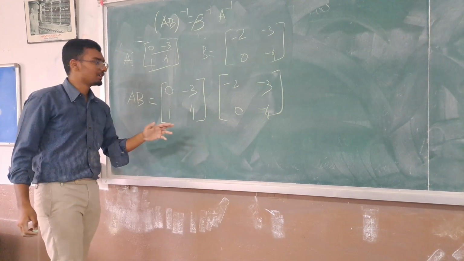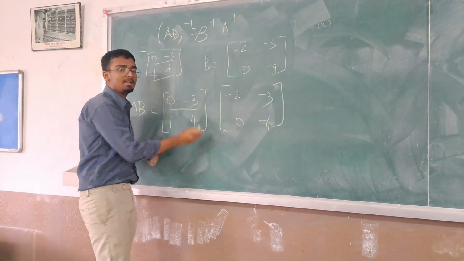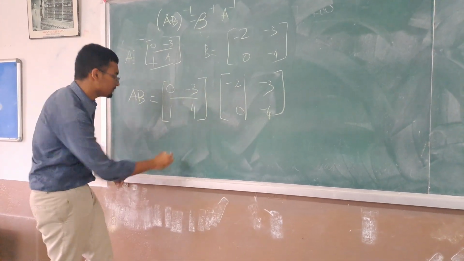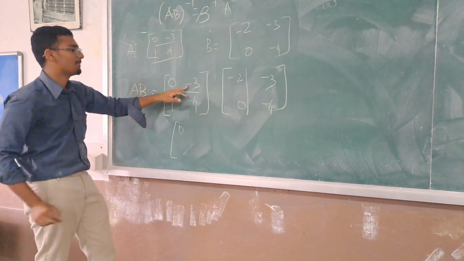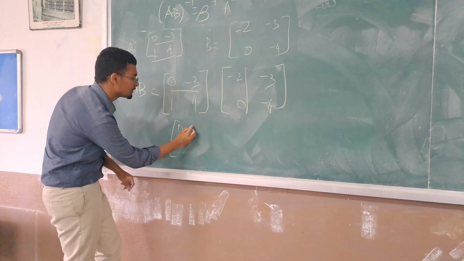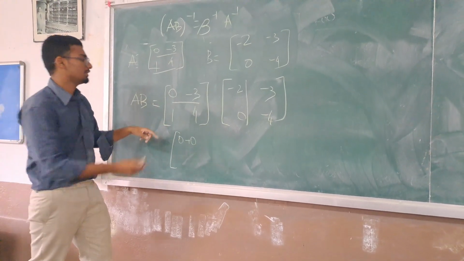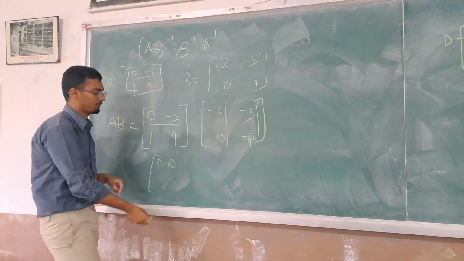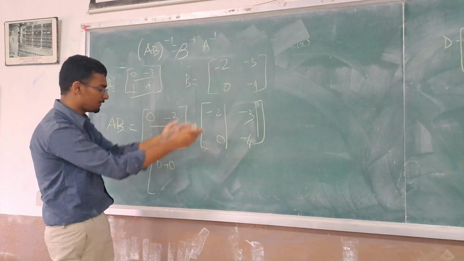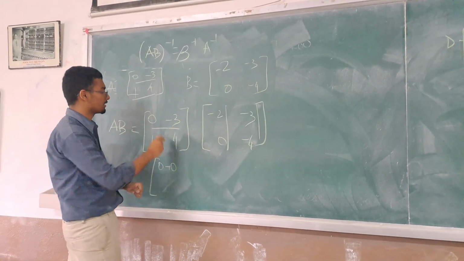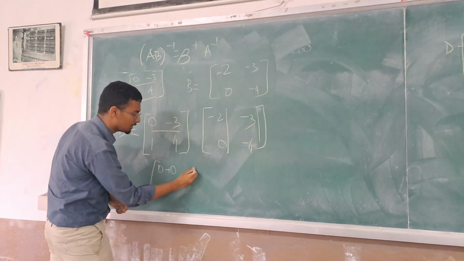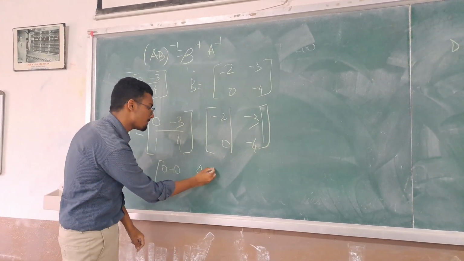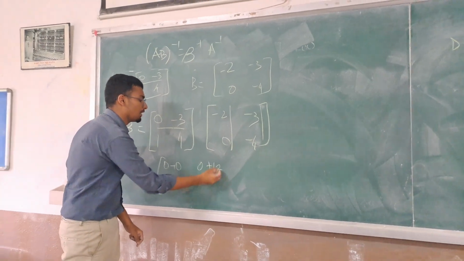Now the matrix multiplication: the first row will be multiplied with the first column, 0 into 2, 0. Minus 3 into 0, 0. The first row will be multiplied with the second column: 0 into minus 3 will be 0, minus 3 into minus 4 will be plus 12.